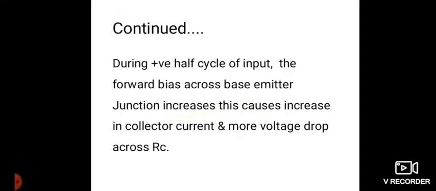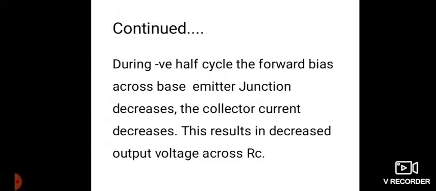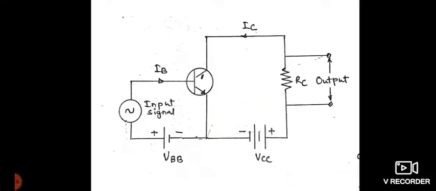During the positive half cycle of the input signal, the forward bias across the base emitter junction increases. This causes an increase in collector current and more voltage drop across RC. During the negative half cycle, the forward bias across the base emitter junction decreases, the collector current decreases. This results in decreased output voltage across RC.